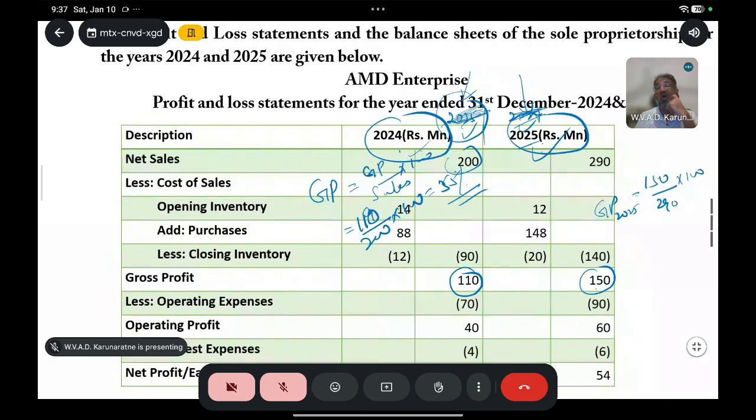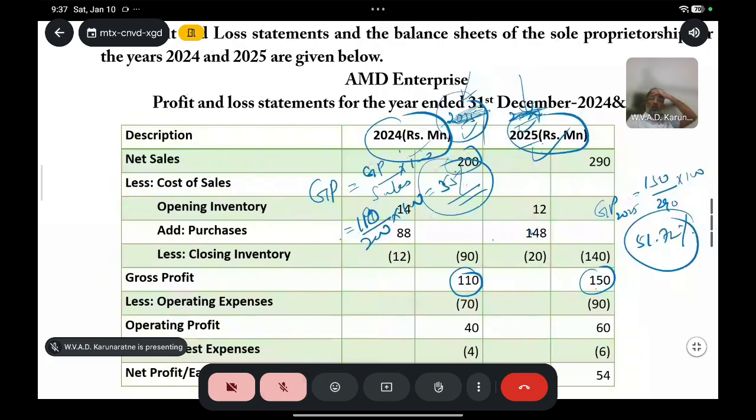Is that correct? Is that 51.7? Is that correct? Doctors, can you hear me well?